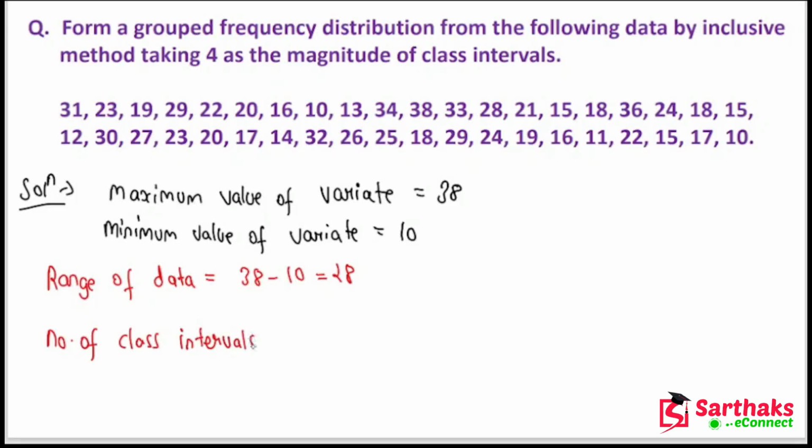Number of class intervals is equal to range upon class size, that is 28 upon 4, which is equal to 7, right. So we have to make 7 classes. That means in the distribution table you have to dedicate 7 different rows, right. So it is that easy.